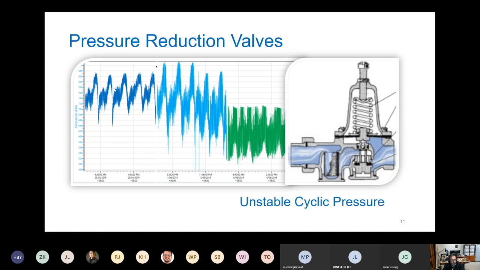The dark blue line is the pressure profile over 5 days, taken at intervals of every 2 seconds. The green line is when the plumber finally got the PRV commissioned correctly, and we were able to cut down the maximum pressure. But we actually increased the intensity of the cyclic pressure within the building. So we fixed one thing, but we created another.